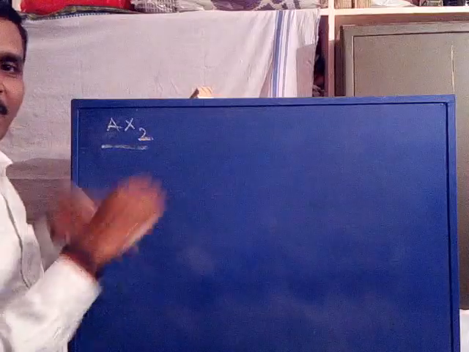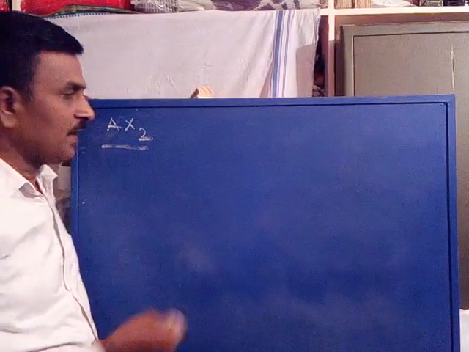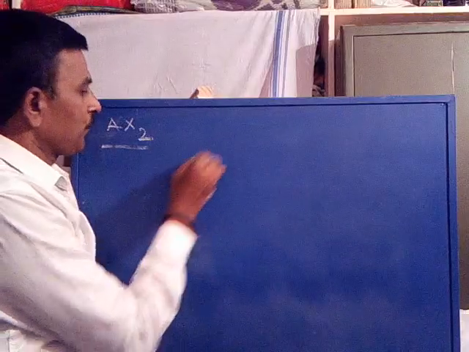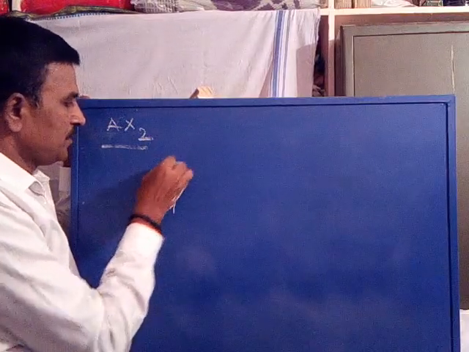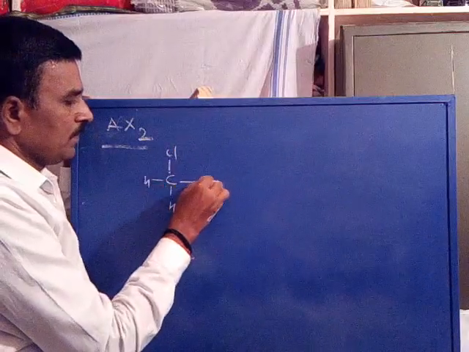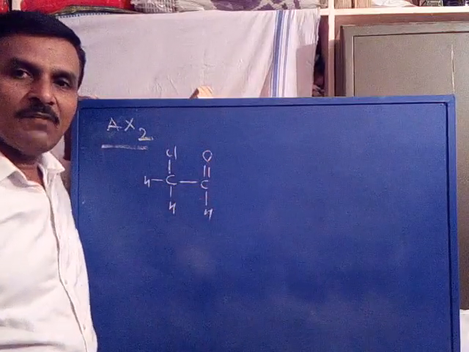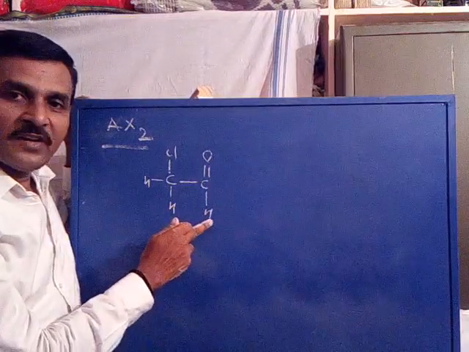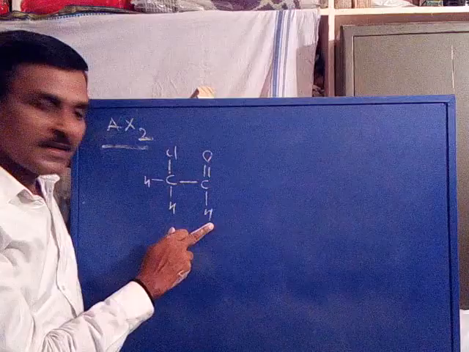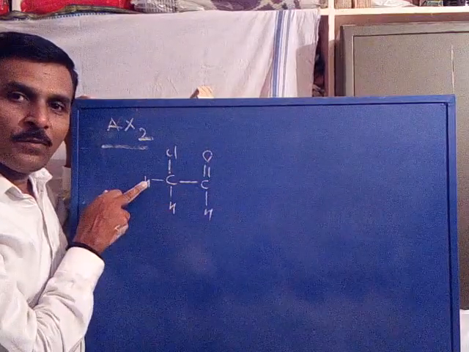For example, take the same example as previously studied with monosubstituted acetaldehyde: CH2Cl-CHO, alpha-chloroacetaldehyde. You see, there are two sets of non-equivalent protons. One set contains one proton, the second set consists of two protons.